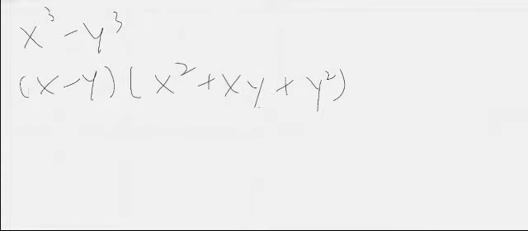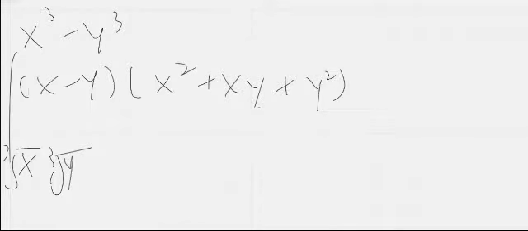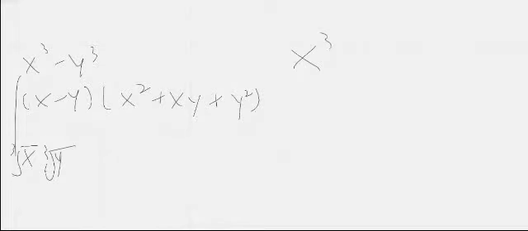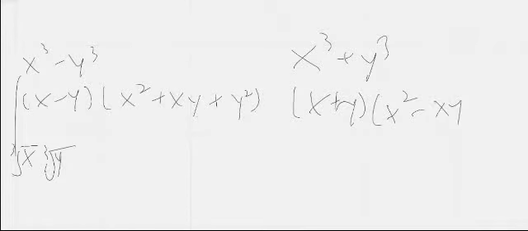While doing cubic equations, you have to first figure out what x and y are, so you're going to cube root these terms. And as for x cubed plus y cubed, you're going to do the same thing, figure out the basic form of the cubic, and then you're going to do x plus y times x squared minus xy plus y squared.